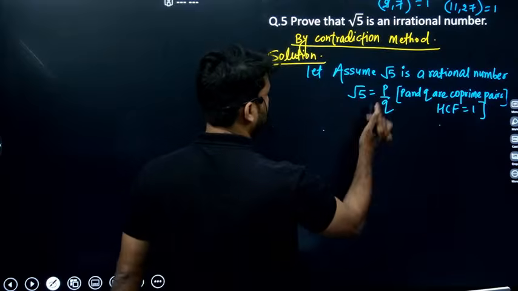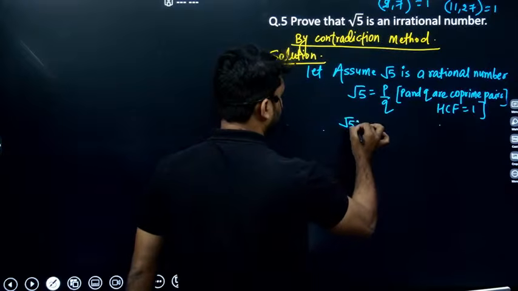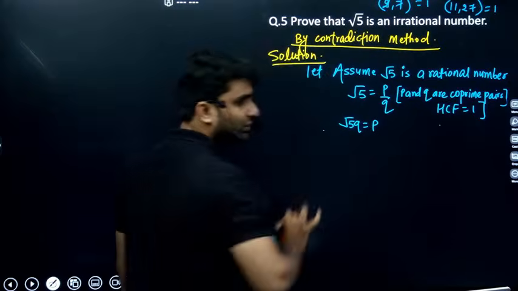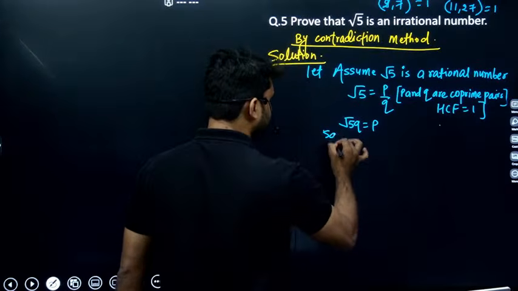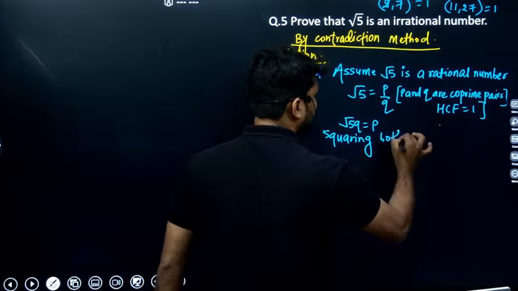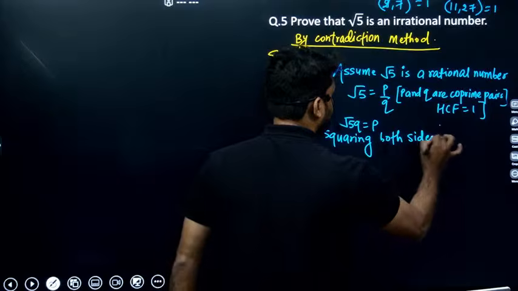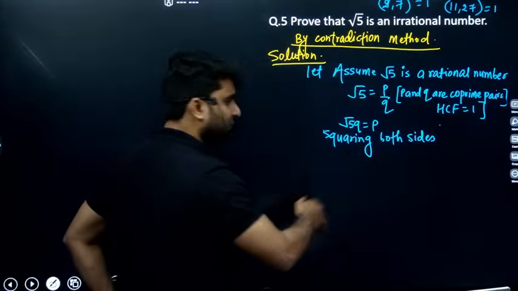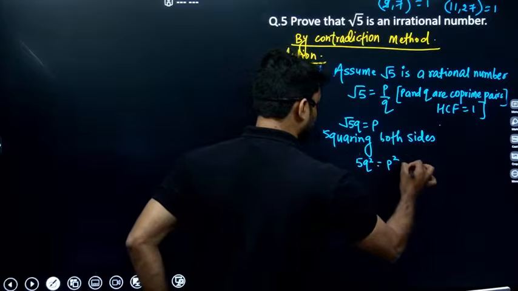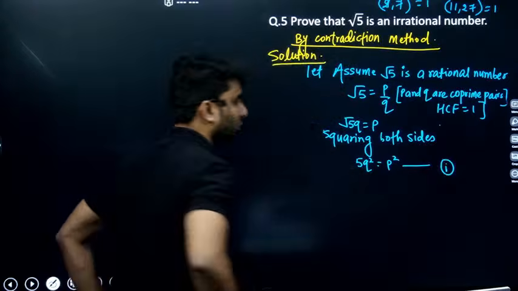Now do the cross multiplication. If we do cross multiplication, we can write root 5 Q is equal to P. Clear, everyone? Now squaring both sides, the root will be removed. So we get 5Q square is equal to P square, and let's call it equation number 1.